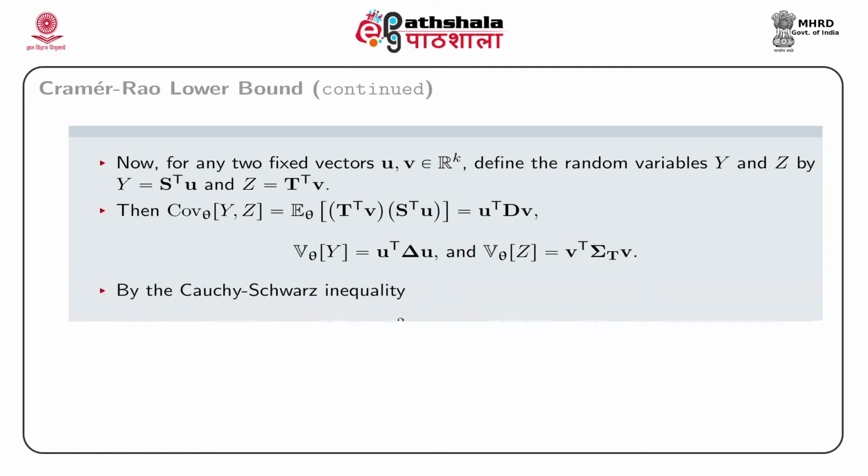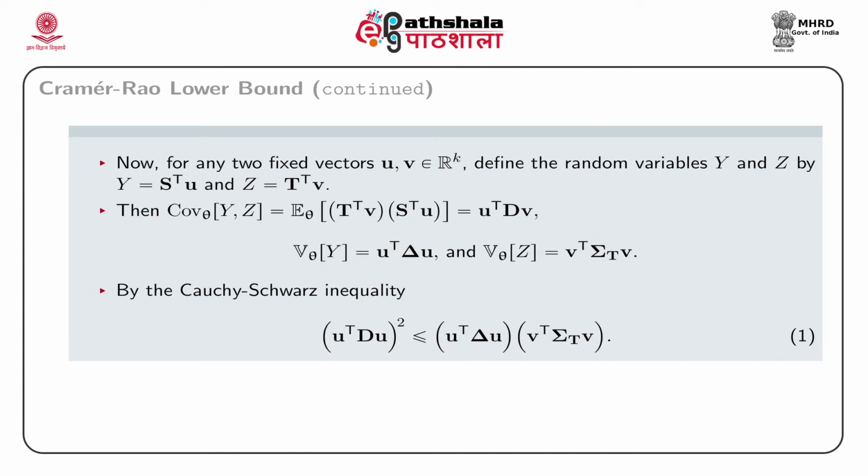Then by the Cauchy-Schwarz inequality, (u' D v) squared is less than or equal to (u' Δ u) into (v' Σ_T v). We write this as equation 1.